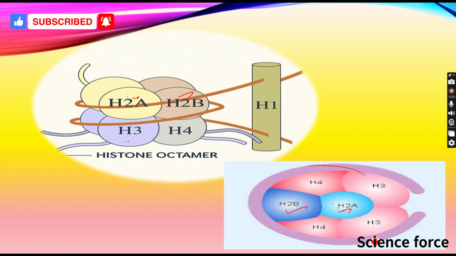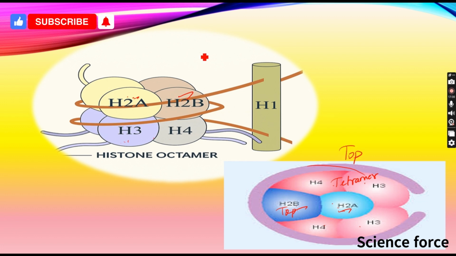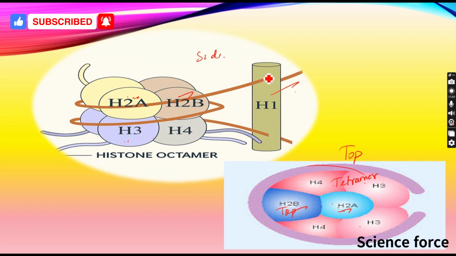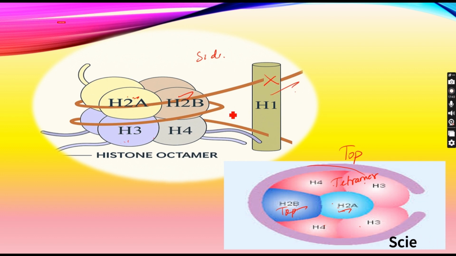It is also flanked at the bottom. The central is the H3, H4 tetramer. This is the central region. It is a top view. It is a side view. It is the linker H1 protein, which is not involved in octamer formation. In the octamer, H1 histone protein is not present.